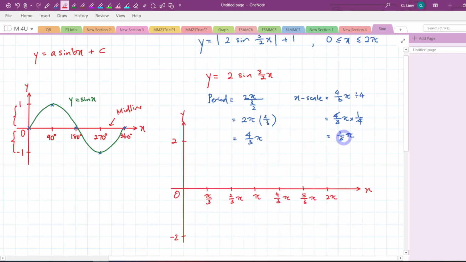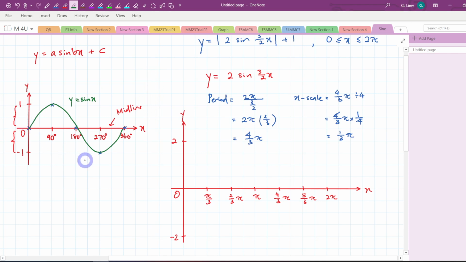Okay, because the x scale is 1 over 3 pi, I keep on adding 1 over 3 pi. So this is 1 over 3 pi, 2 over 3 pi, 3 over 3 pi, which means pi, and so on. Now I can start to plot the graph, plot the critical points, the important points, and then we just connect all of them together.